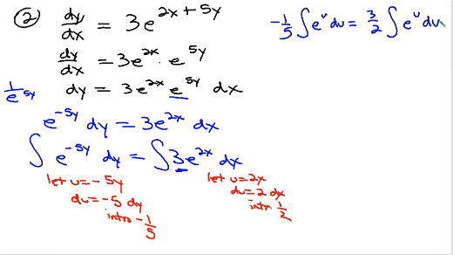Now I'm finally ready to move on. I've got -1/5 e to my, let's put my u back in, -5y. Over here I've got 3/2 e^(2x) plus c.